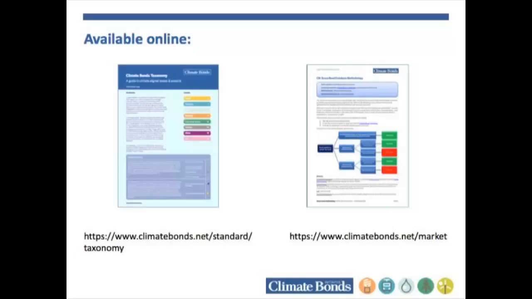So whilst run of the river is essentially still considered the least likely to have an impact, it is now acknowledged that both small and large hydro may cause problems, have negative impacts, and likewise both may be okay from an environmental and social point of view. So that more nuanced approach is reflected in the updated taxonomy.